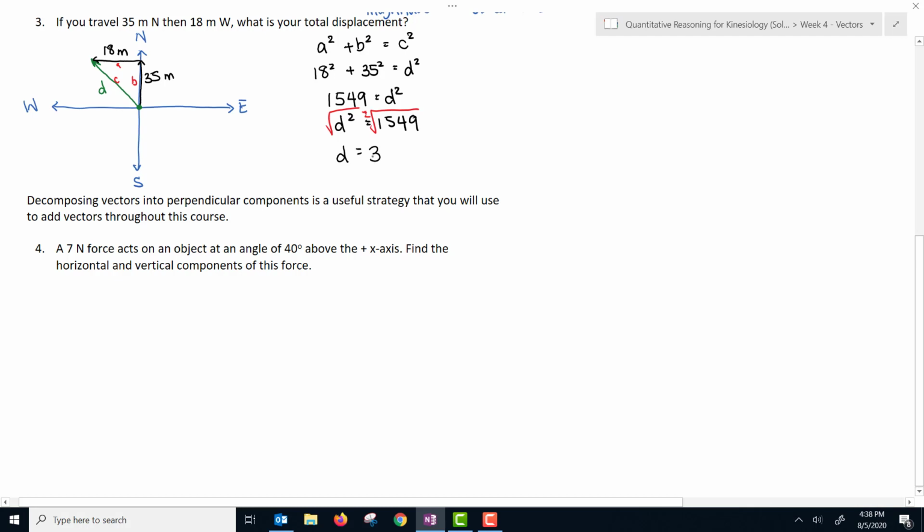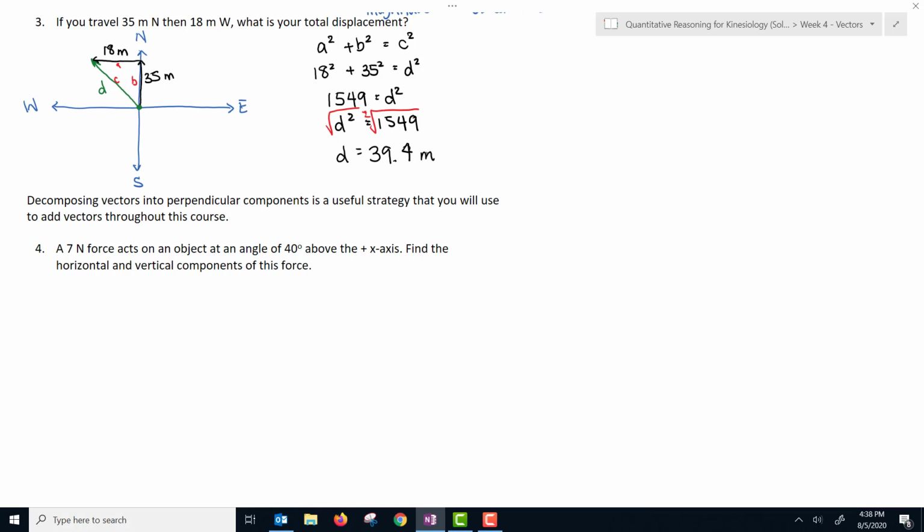So my 39.3, that 3 is going to be rounded up to a 4 because it's followed by a 5. If it's followed by a 5 or greater, it will get rounded up. My units for that is meters because that's what the units were for the other two sides. So now we know the magnitude of the displacement, so the length of the hypotenuse.